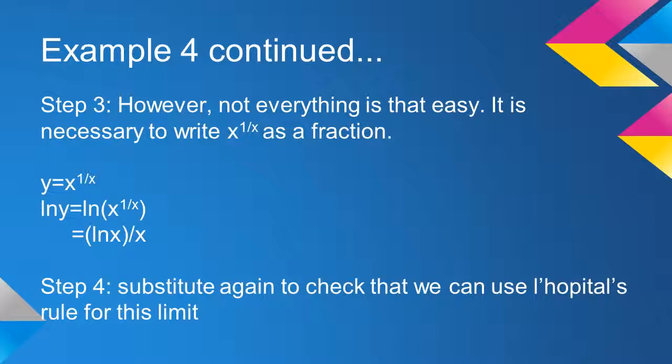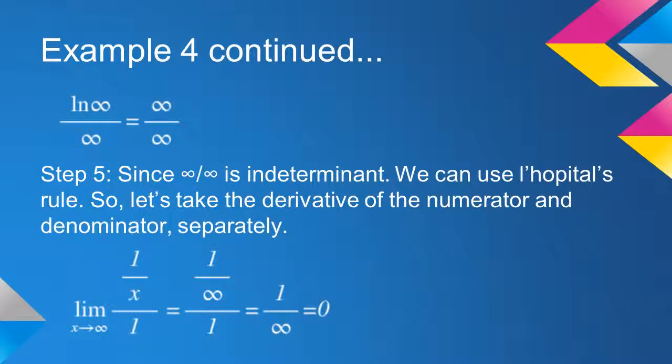Now we substitute infinity once again, just to check that we can use L'Hopital's rule for the limit of ln x over x. Once we plug in infinity, we get infinity over infinity.